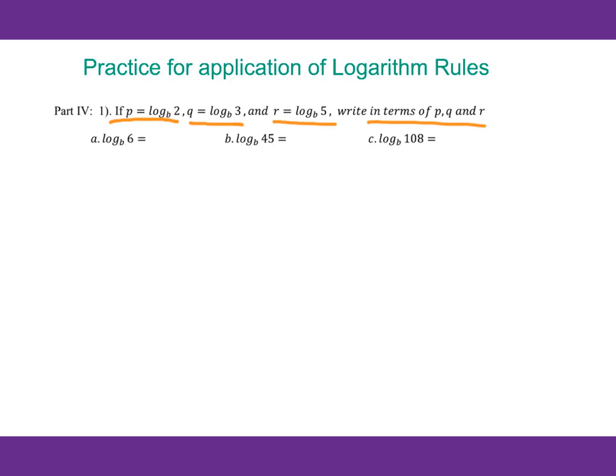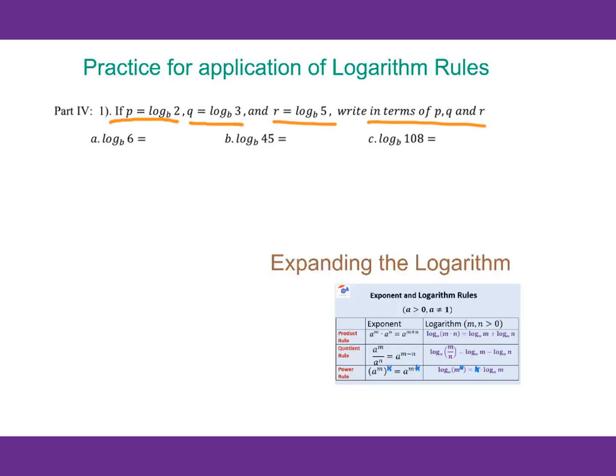This kind of question basically tests on expanding the log. So you have to use the rules for expanding the log, like these three. But for the argument, try to change into 2, 3, and 5 to express each argument.